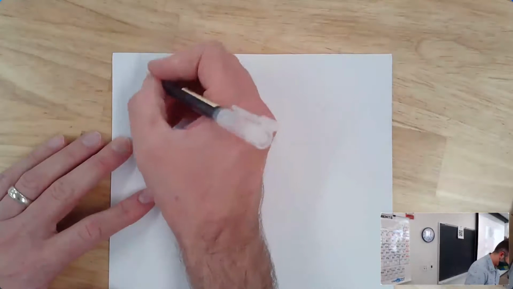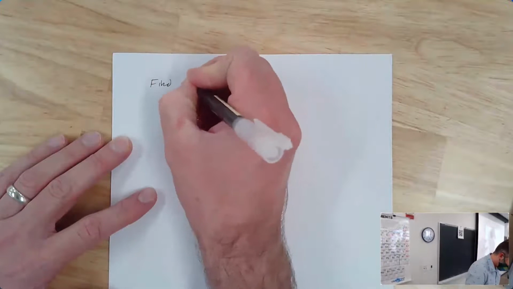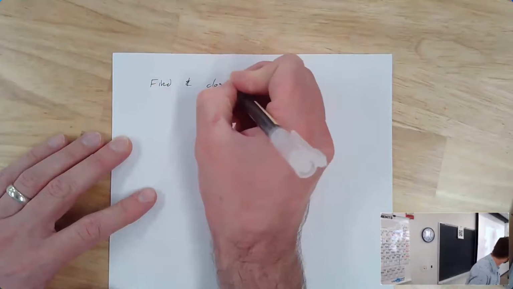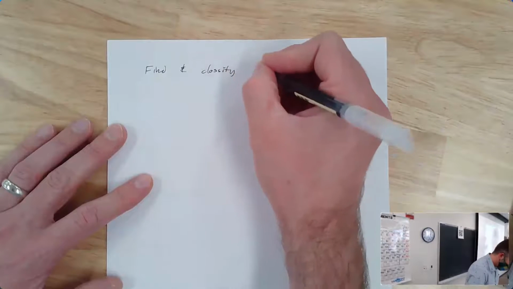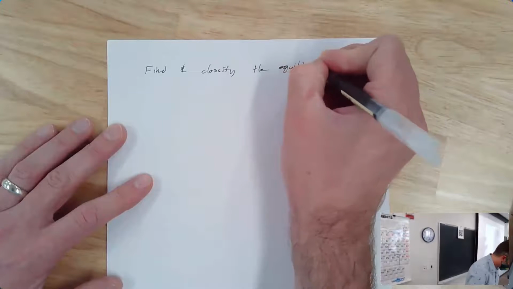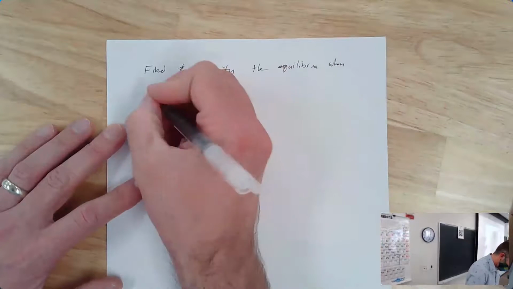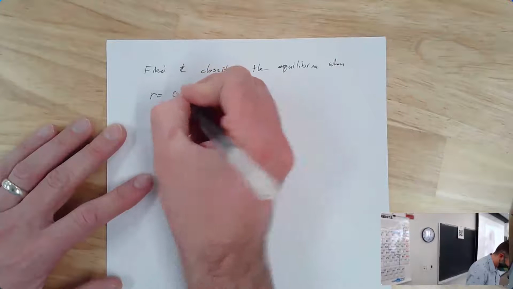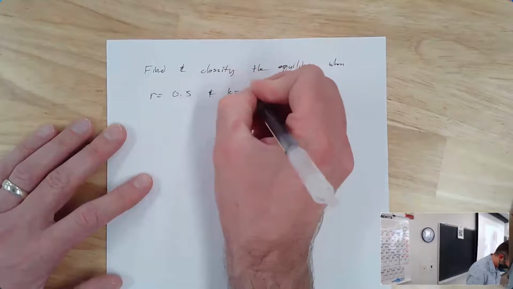So let's look at the following example. Let's find and classify the equilibria when r equals 0.5 and k equals 200.